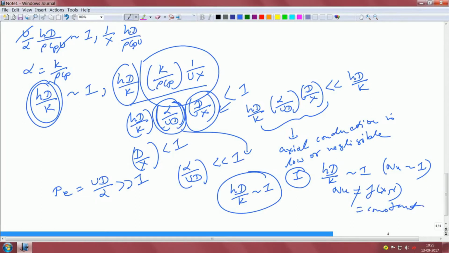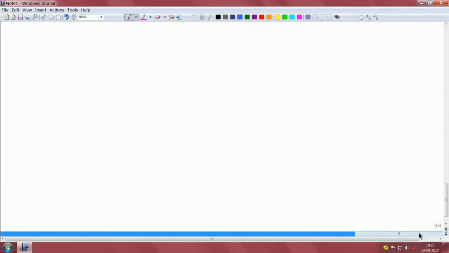Let us look at what is the second thing. The second thing that we said is that Peclet number is much greater than 1, or in other words, ud by alpha is much greater than 1. This is a new quantity that we have defined. So, what is Peclet number therefore?